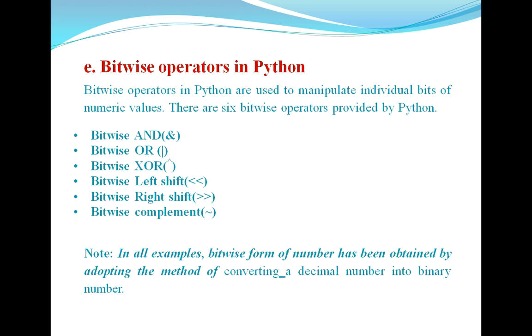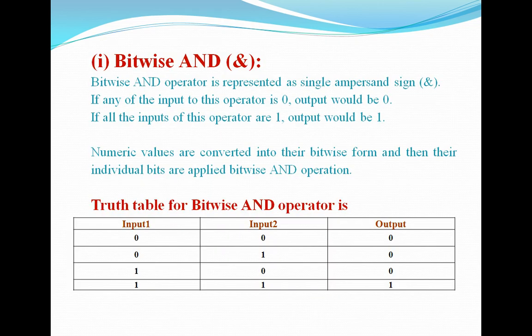So let's start with the bitwise AND. The bitwise AND operator is represented with the ampersand sign. You can see the ampersand sign on the keyboard on the digit 7; with the help of shift and 7 you can type the symbol ampersand.